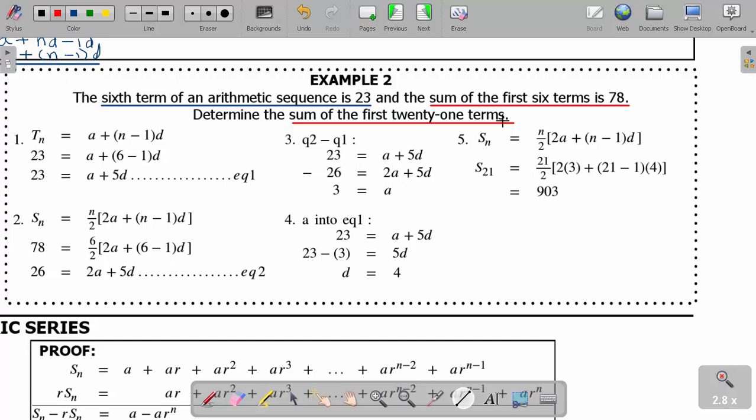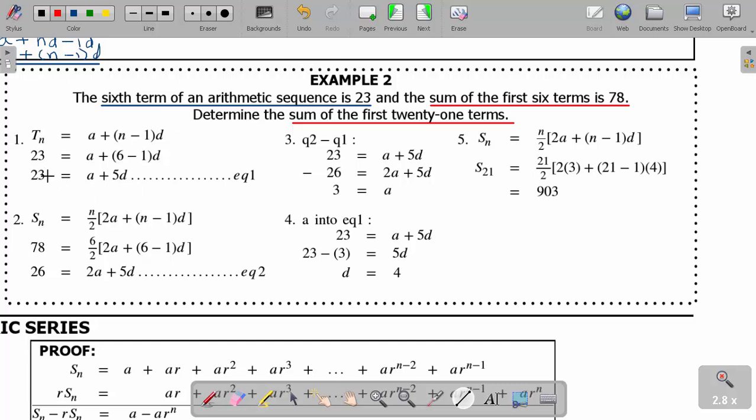Because they're saying it's arithmetic and the 6th term is 23, I know that any arithmetic sequence goes by Tn equals a plus n minus 1 times d. If I look at the first given information, they say the 6th term, which means if I put 6 where there is n, I must equate to 23.